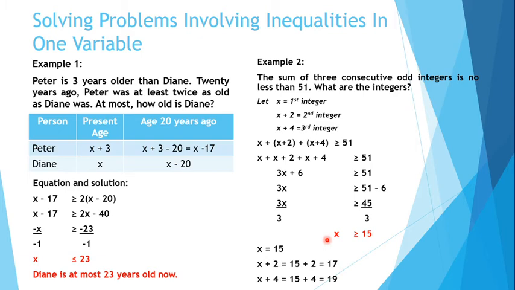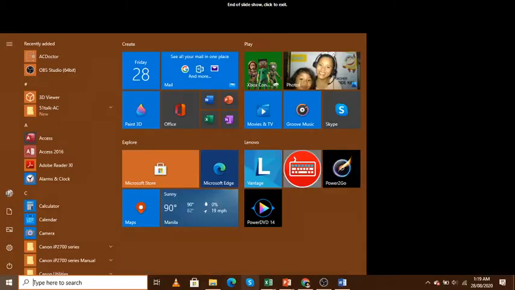So whether you use 17 as x, so the first integer is 17, the second integer is 19, and the third integer is 21, it will still satisfy our inequality. Okay, so that is for example 2. Now let's proceed to the other topic.